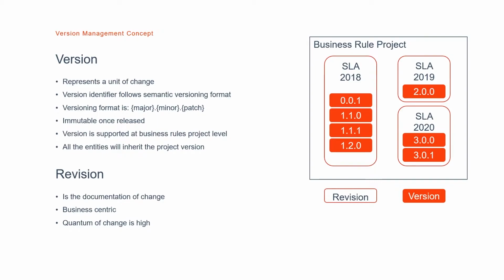The versioning is rather a technical aspect. The revision is rather business centric. So if you're looking at the right side, the versions are rather technical. It's just counting up from the 0.0.1 up to the 3.0.1 on the right side.